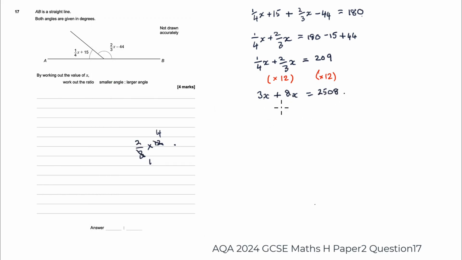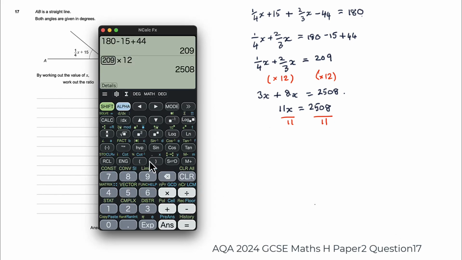And 3x plus 8x gives us 11x. So final move, we'll do the opposite of multiplying by 11. We'll divide both sides by 11. And let's see what that gets us. Well, on the left hand side we just have an x, but 2508 divided by 11 gives us 228.